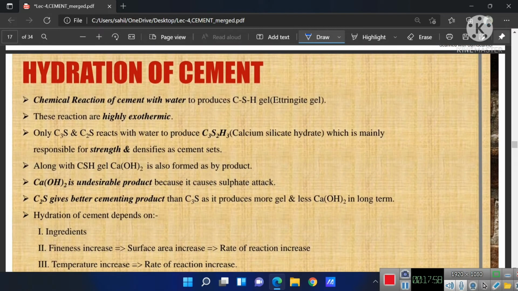And here are some points on hydration of cement. The chemical reaction of cement with water produces CSH gel, which is also known as tobermorite gel. These reactions are highly exothermic. Only C3S and C2S react with water to produce C3S2H3, that is calcium silicate hydrate, which is mainly responsible for strength and densifies as cement sets.